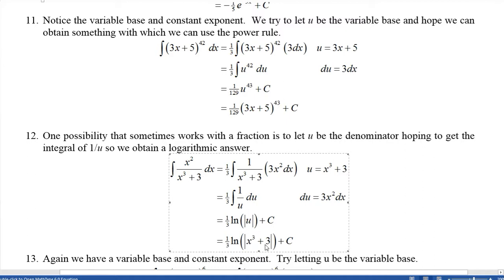That makes logarithm of 0, which is undefined there too. So both these functions are undefined in the same place, but otherwise things work out nicely. So we should be able to check this by doing a derivative of this answer and get this integrand right here. I'll leave that to you as a check for a homework problem.